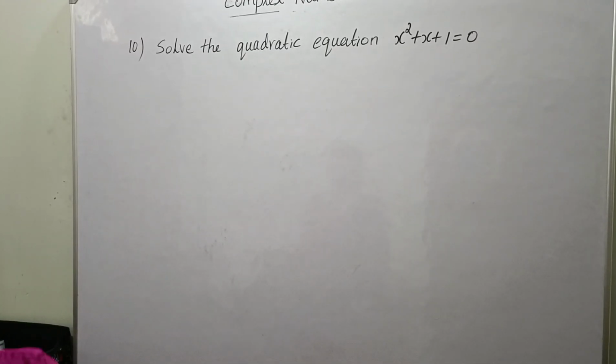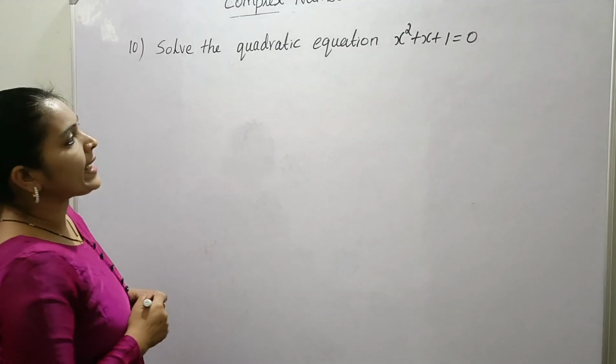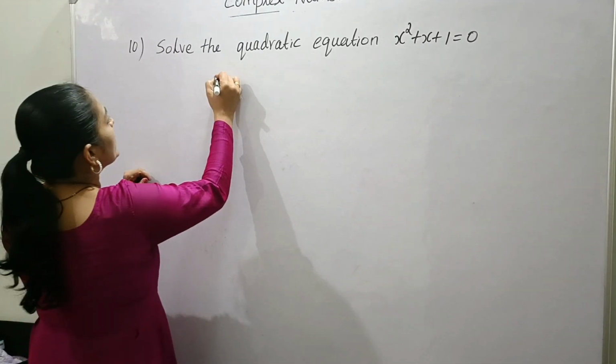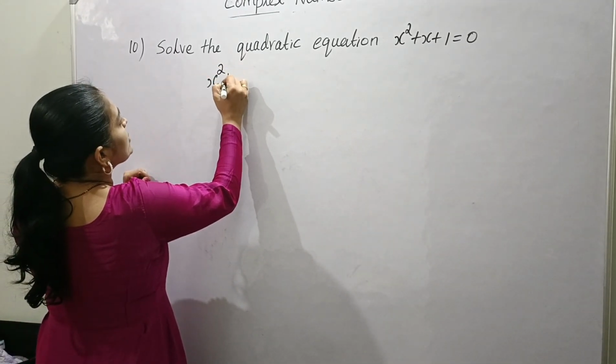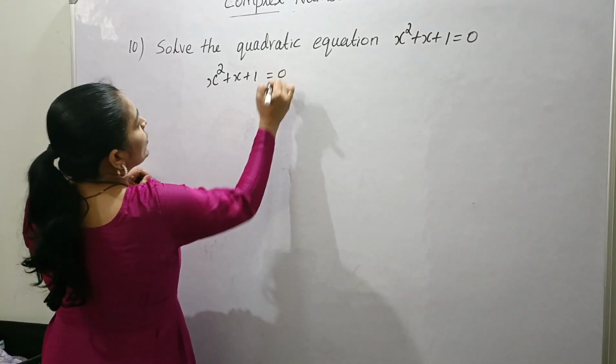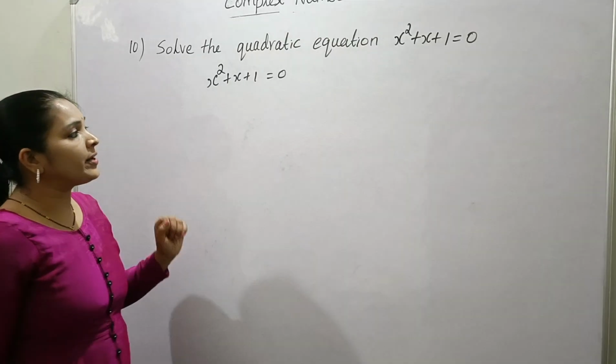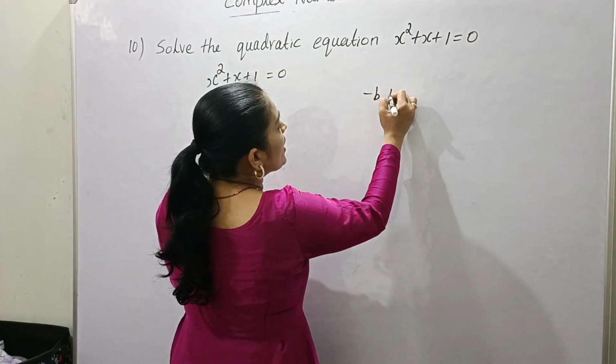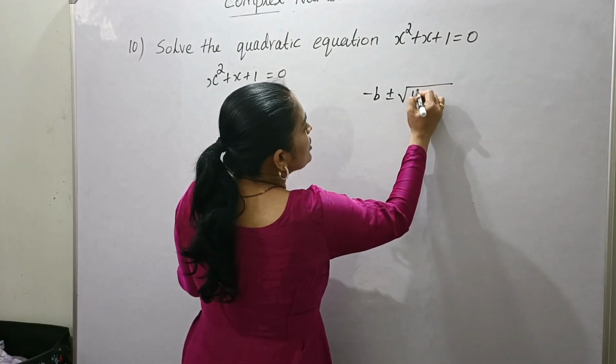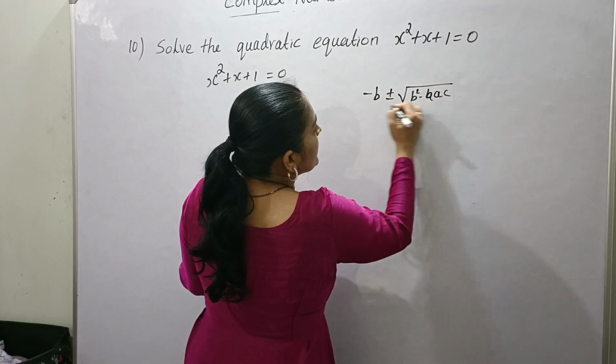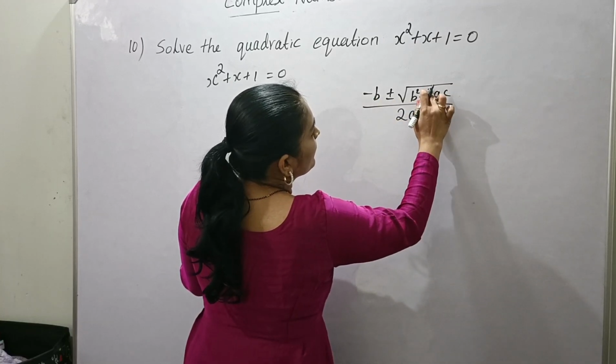Next question, solve the quadratic equation x square plus x plus 1 is equal to 0. Given quadratic equation x square plus x plus 1 is equal to 0. So here we will find the solutions using the quadratic formula, minus b plus or minus root of b square minus 4ac divided by 2a.